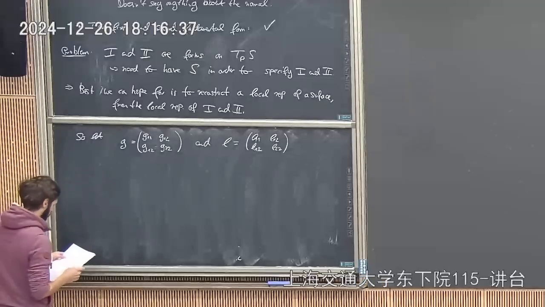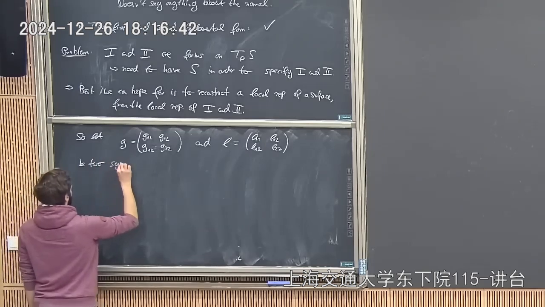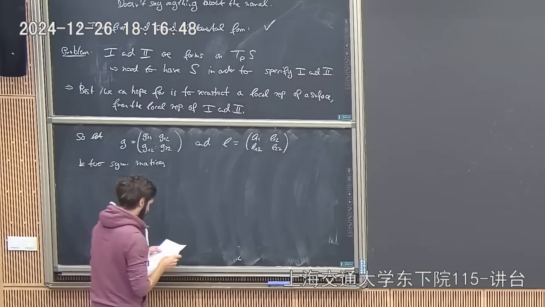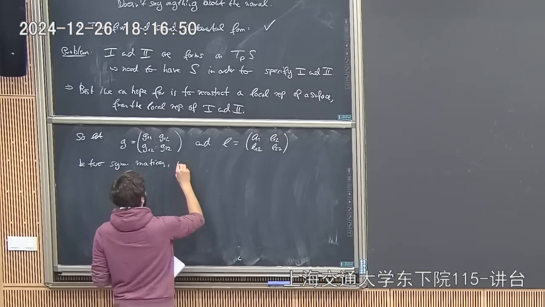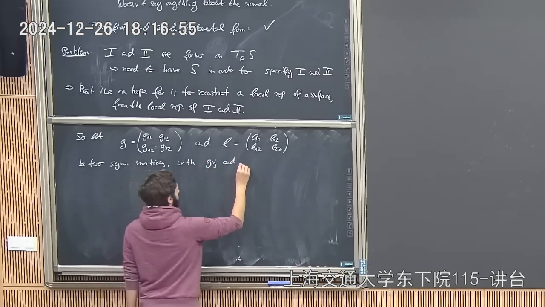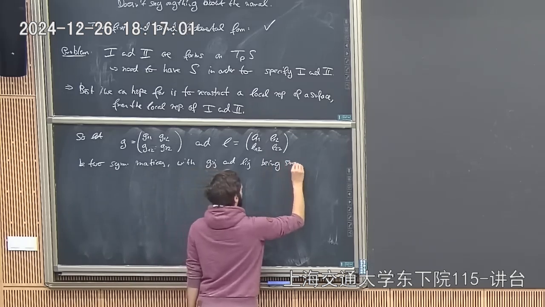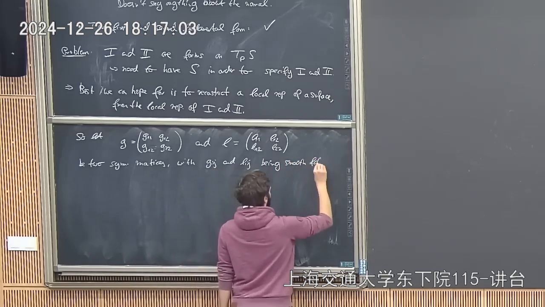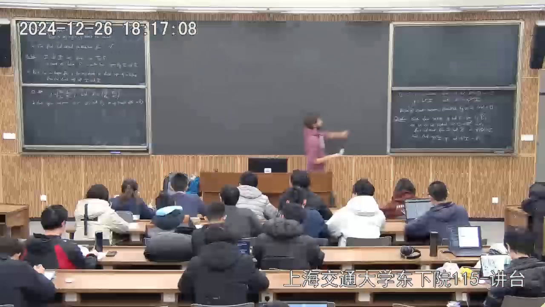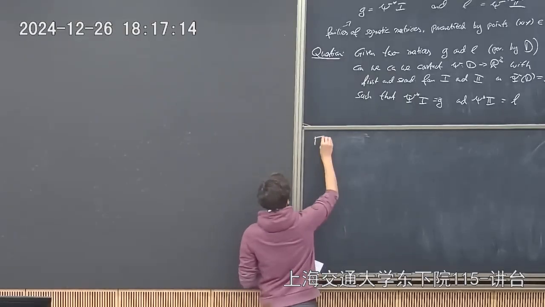So we can start with two symmetric matrices, with each entry being smooth functions on D. And now we'll consider an example that we will discuss in parallel.